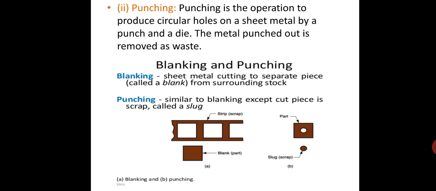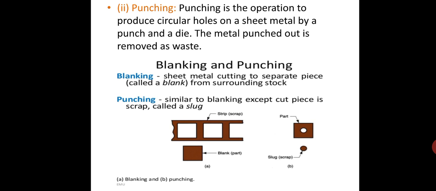The second operation in cutting is the punching operation. Punching is the operation to produce circular holes on the sheet metal by a punch and a die. The metal punched out is removed as waste.